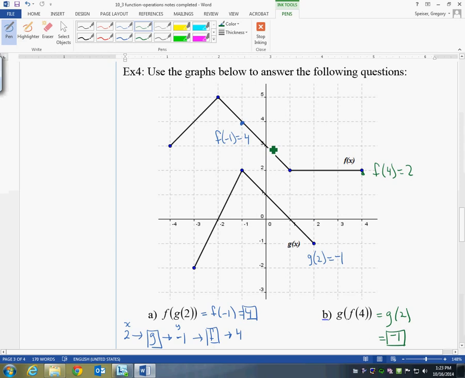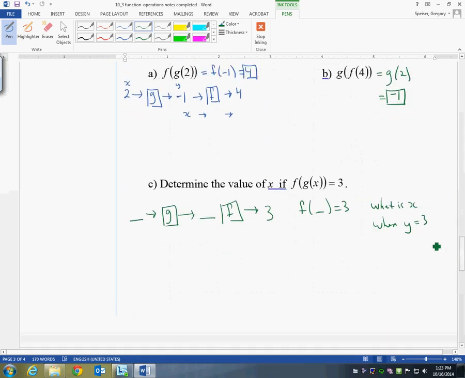When y is equal to 3, x is -4. So this is f of -4 is equal to 3. That's that spot right there. So -4 is this answer here. In other words, this was a -4.